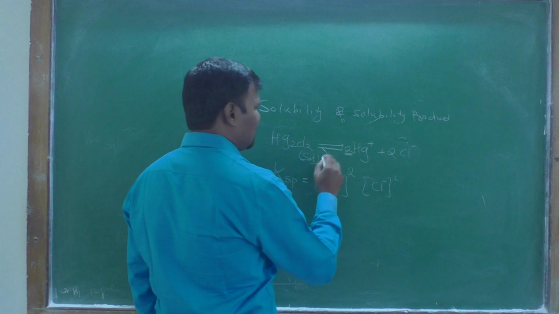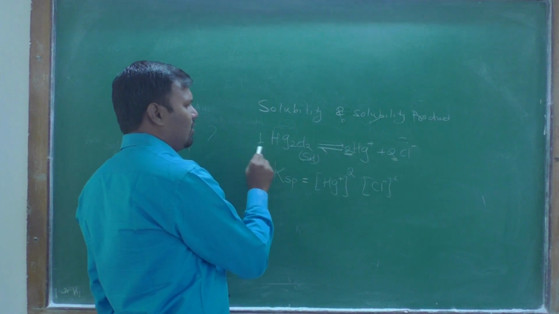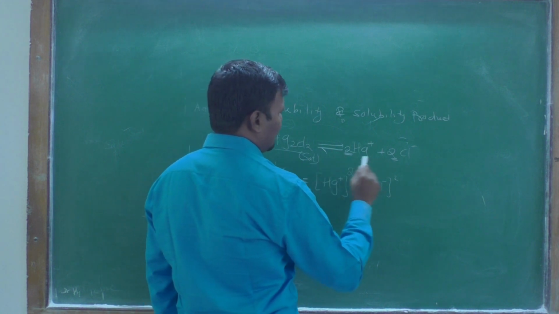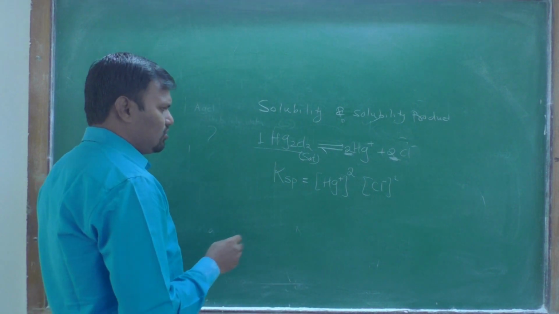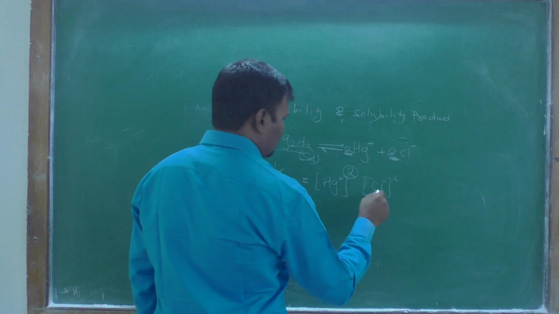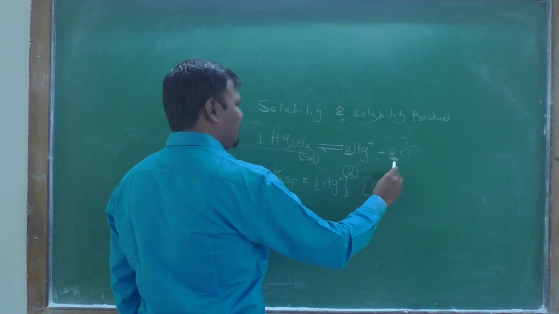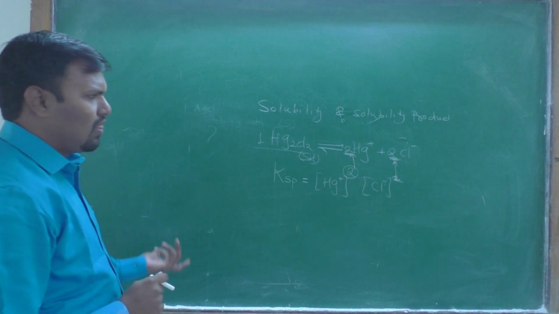That is the number of ions produced. When you take 1 mole of HgCl2, it produces 2 Ag+ and 2 Cl- ions. Therefore the power 2 on Ag+ and on Cl- comes from the number of ions produced from the 1 mole.